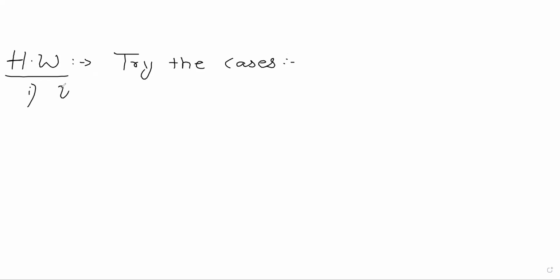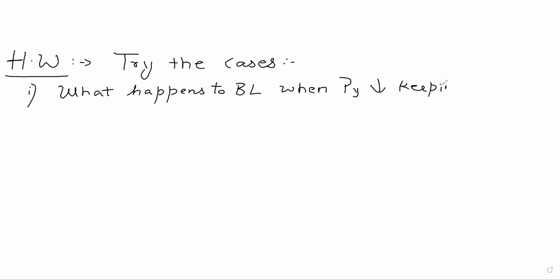What happens to the budget line when the price of good Y falls, keeping the price of good X and income constant? Second, what happens to the budget line when the price of good Y rises, keeping the price of good X and income constant?